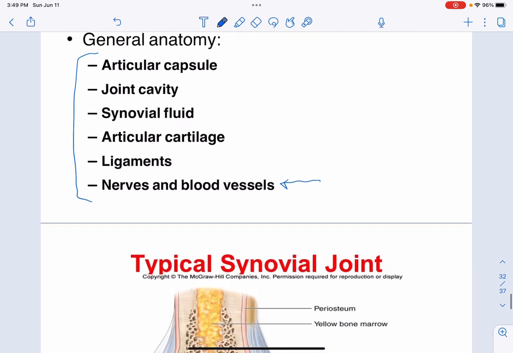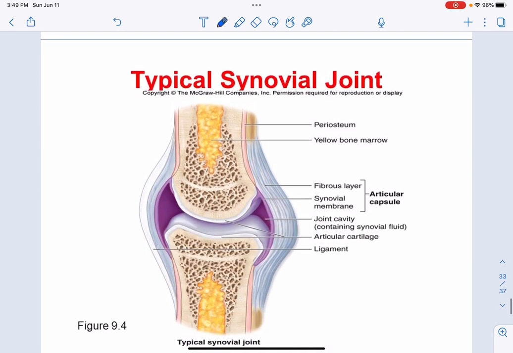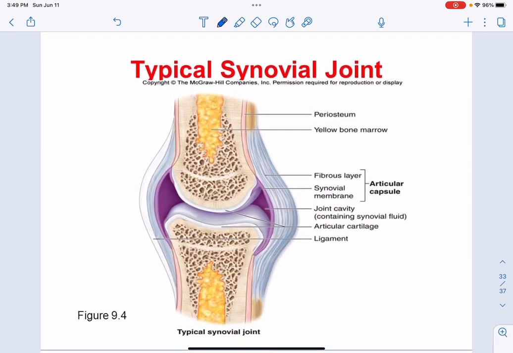So let's talk about the actual structure of a typical synovial joint. And when you go on to study synovial joints, try to draw them so that you know the components. Draw them and label them so you know where the components are and how the synovial joint is structured.